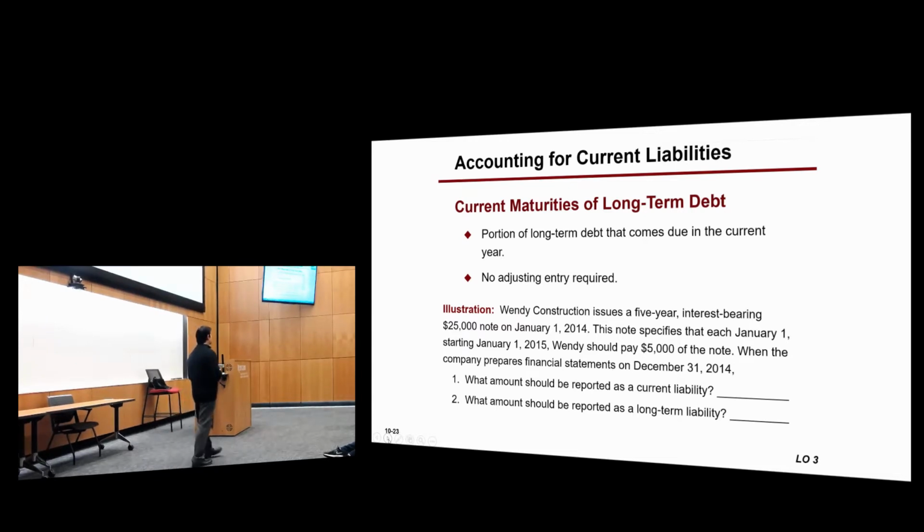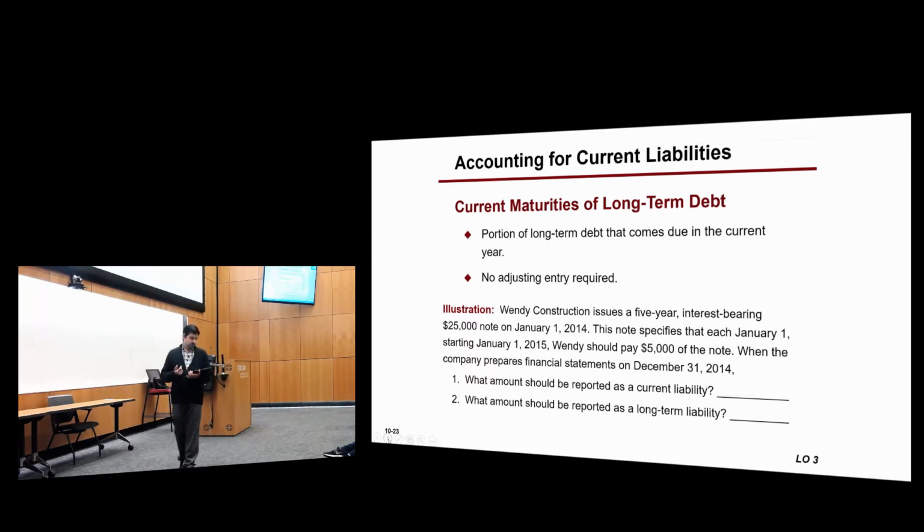So the company has to pay them now. Now the company does not make an adjusting entry for this. What you're simply doing is, when you present it, you classify the part that is maturing soon as a current liability. You add it to the current liabilities.